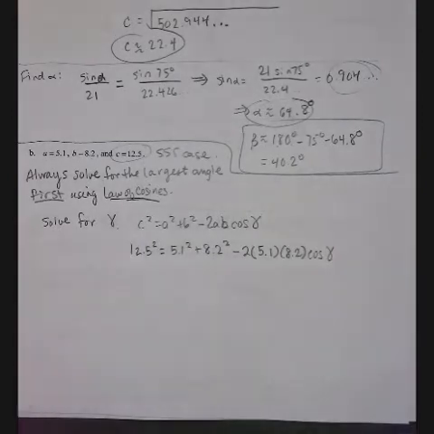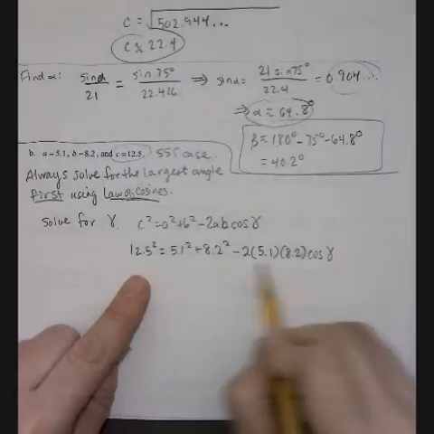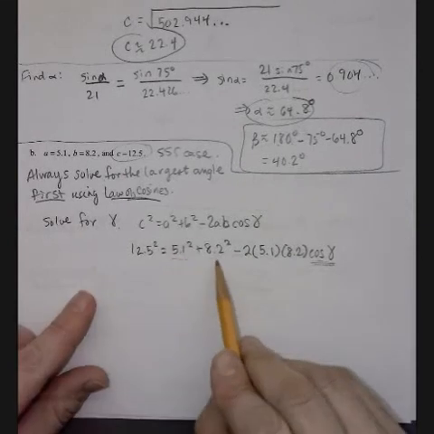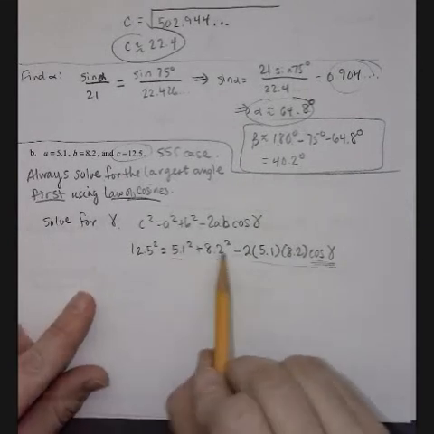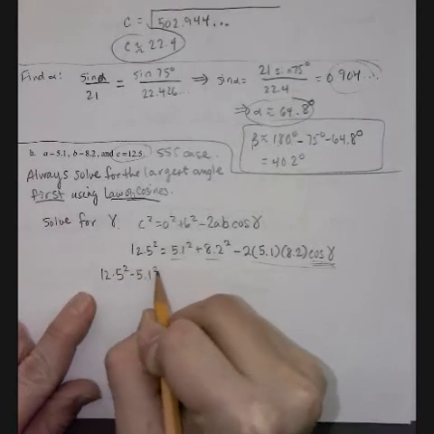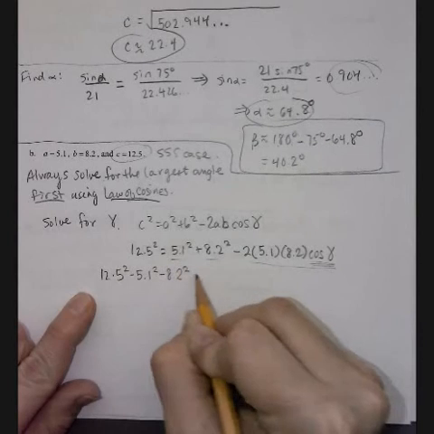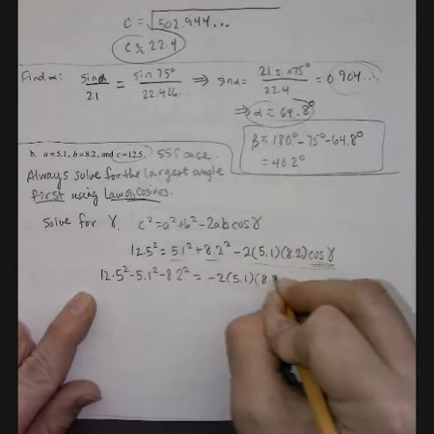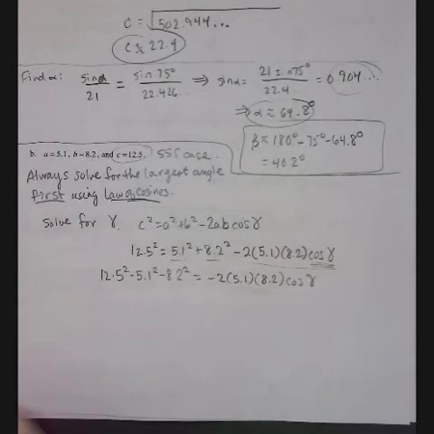So in here we need to isolate cosine gamma. So you've got 3 terms, 1, 2, 3. Move these terms over by subtracting. And if you want, you can multiply these, or you can just leave it.